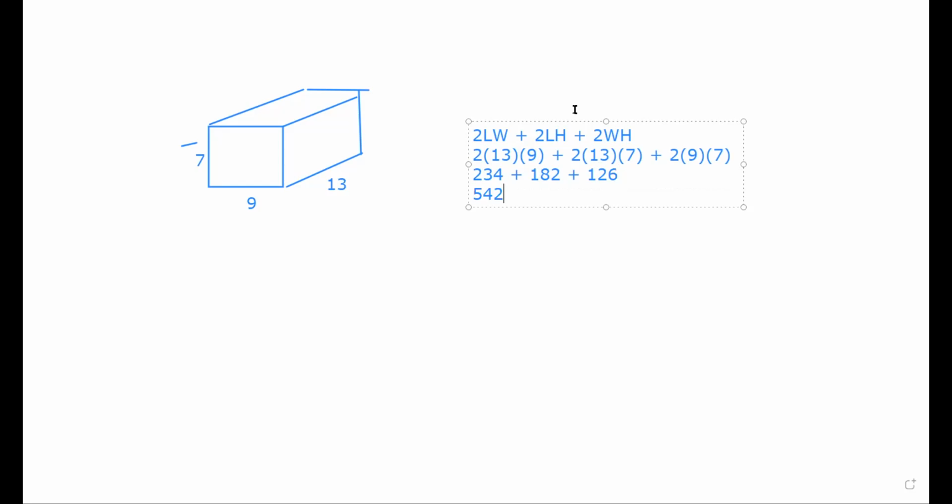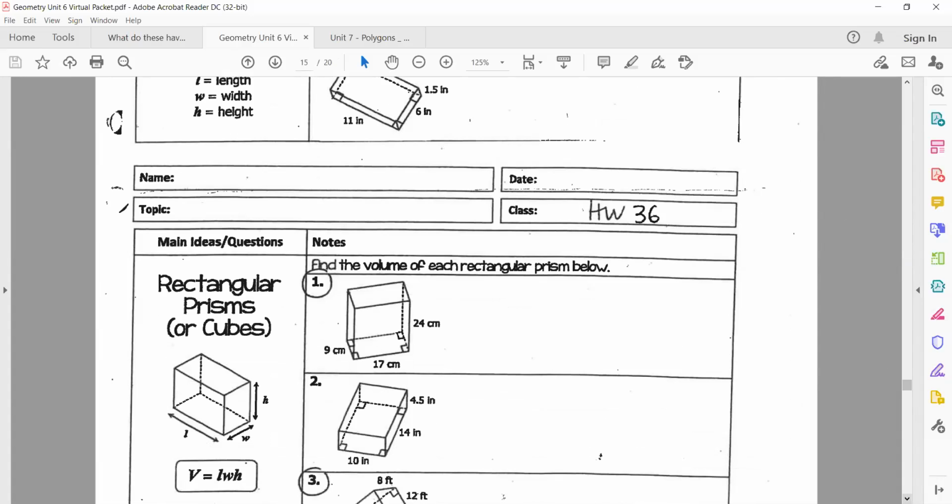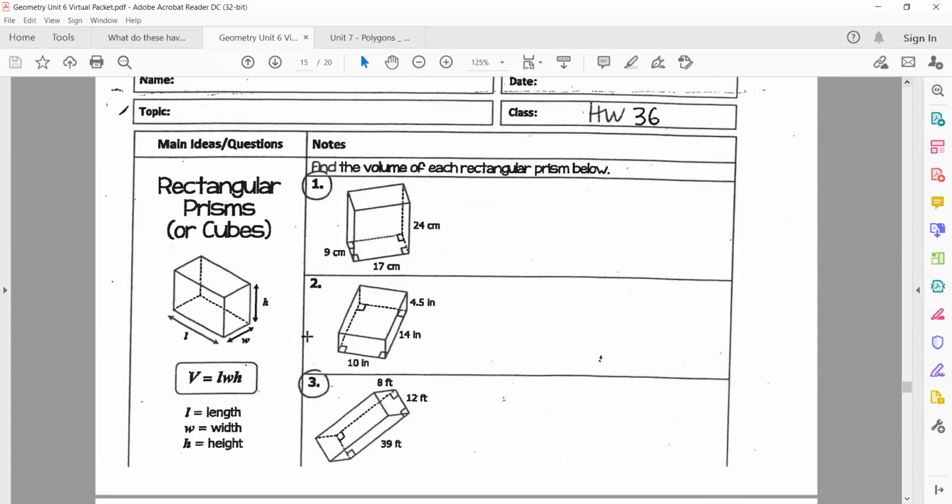Now, okay, I want to label this. I'm going to use the same shape though for the volume calculation.